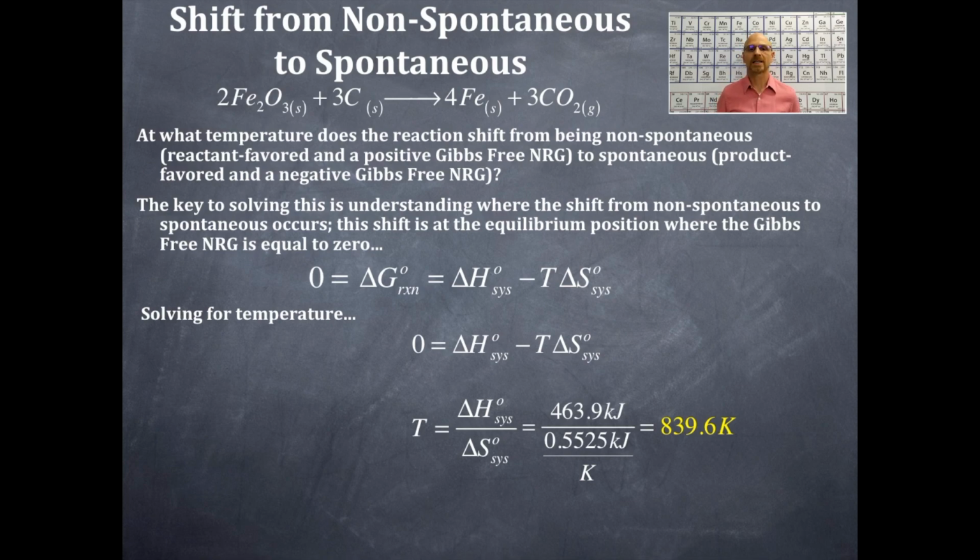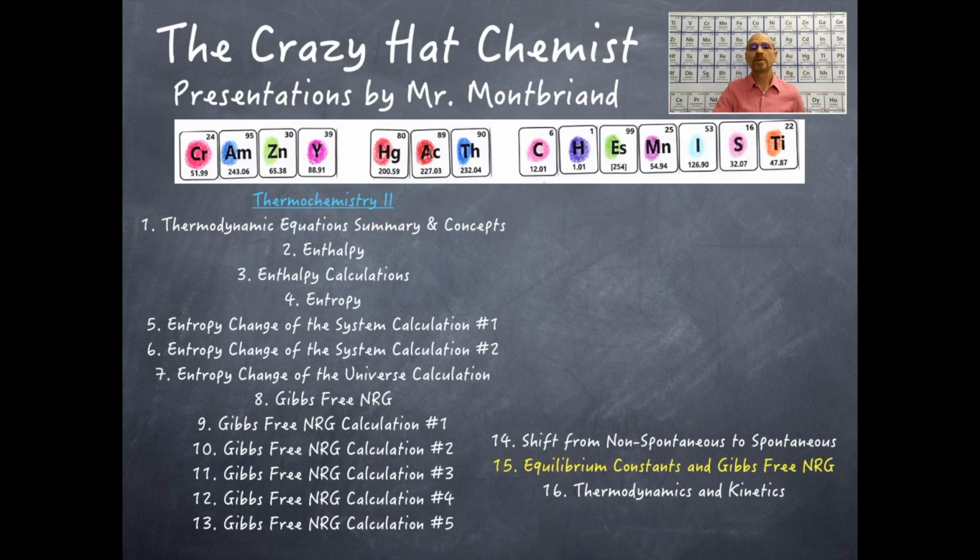Neither can you calculate the temperature of where the shift occurs from being spontaneous to non-spontaneous. So that's why the enthalpy and the entropy terms are so crucial in understanding and in calculating Gibbs free energy.